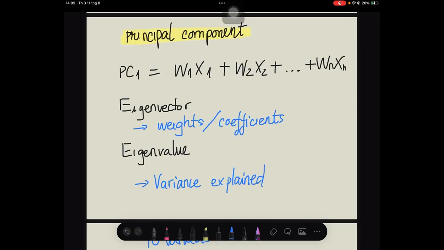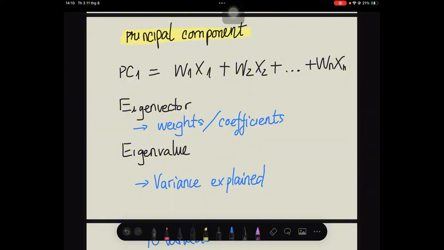Each principal component is associated with an eigenvector. The eigenvector tells us the weights used to construct that principal component from the original variables. So conceptually, principal component 1 equals a weighted combination of the original variables. The weights come from the eigenvectors.